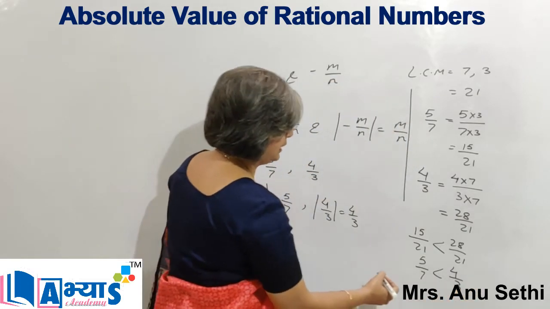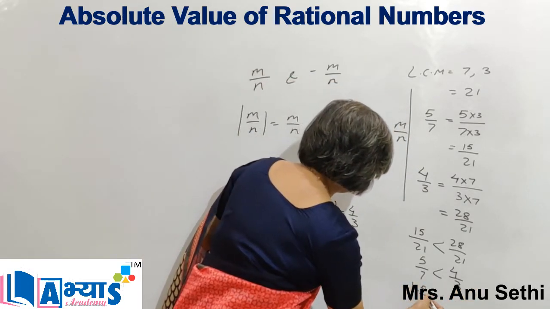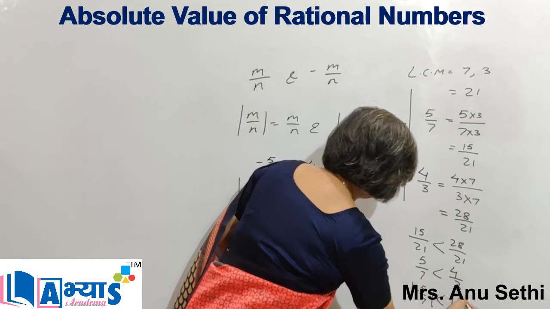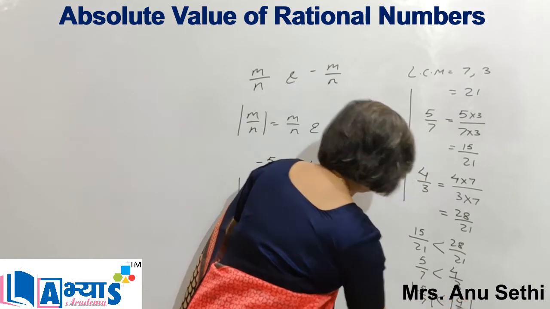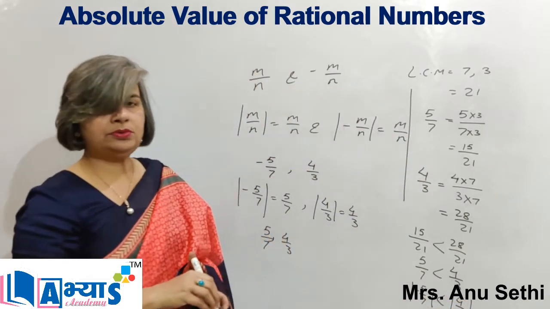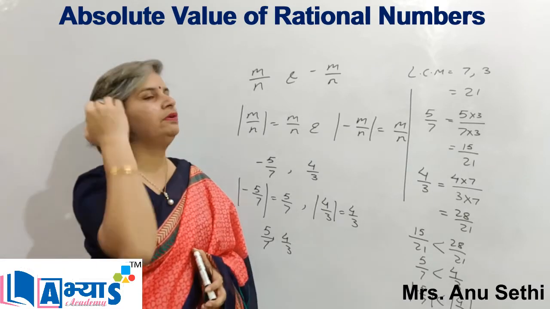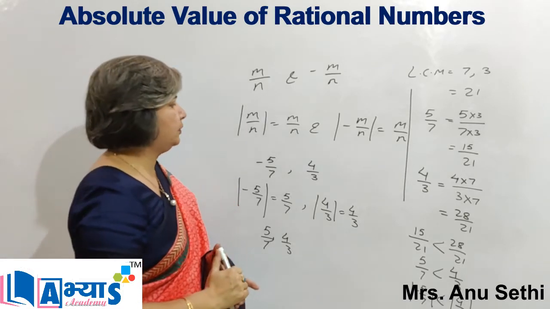Similarly, we can say that the absolute value of minus 5 by 7 is less than the absolute value of 4 by 3.